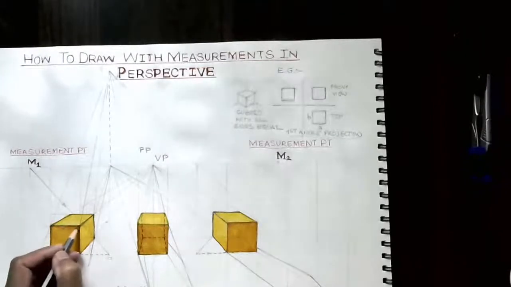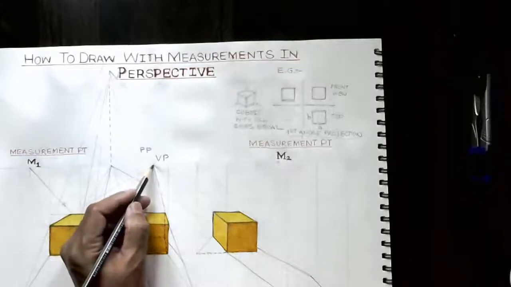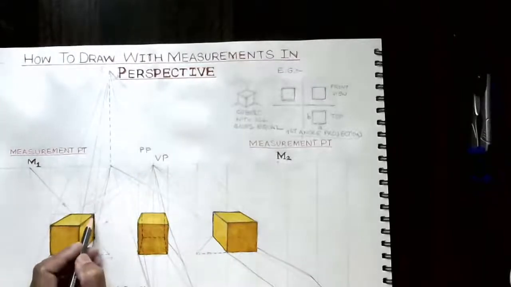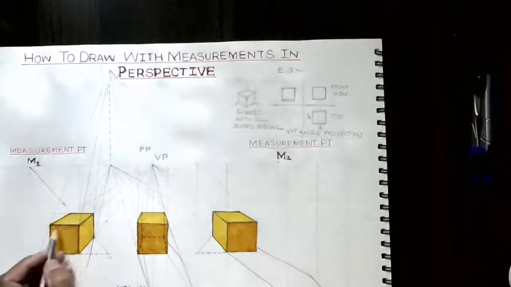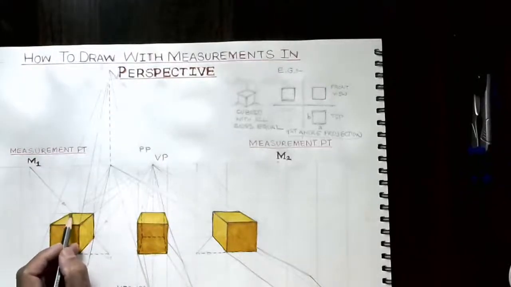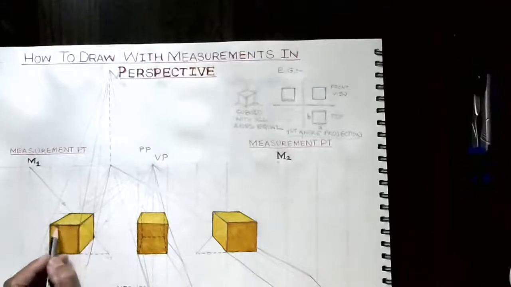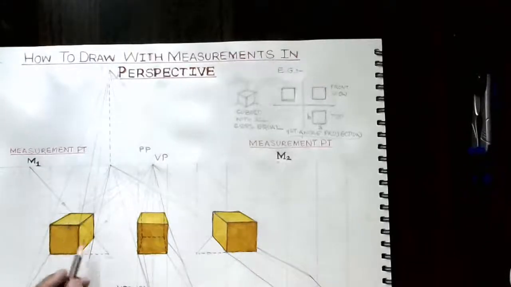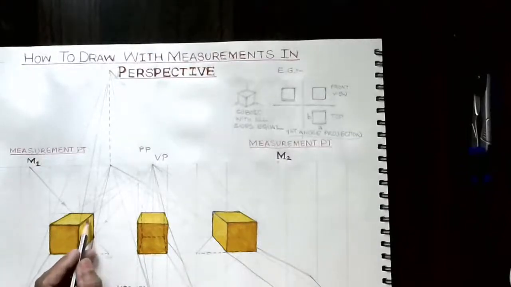Then when we join from here to here, we make a line parallel to this, because this is parallel correctly. So we make a straight line, and we get this particular shape. This is the true size in perspective.